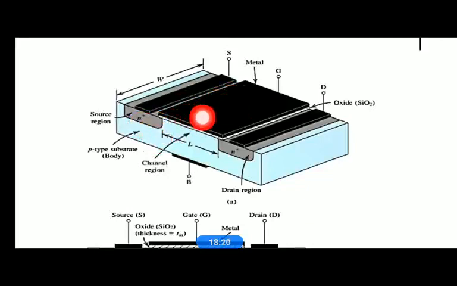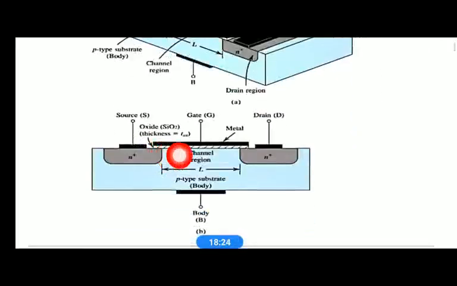That is at the source side, meaning the capacitance on this side, from here till the source border. So from here to here we call it CGS, and from here to here we call the capacitance CGD.